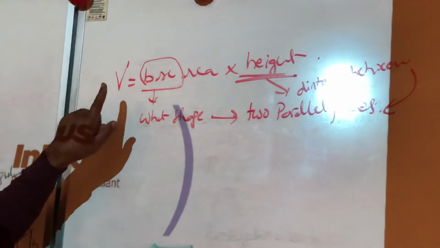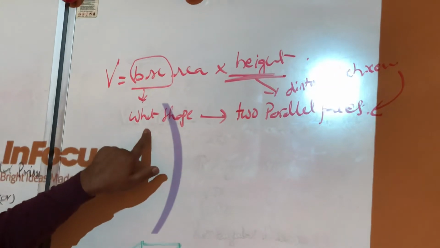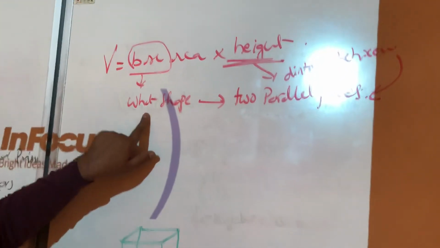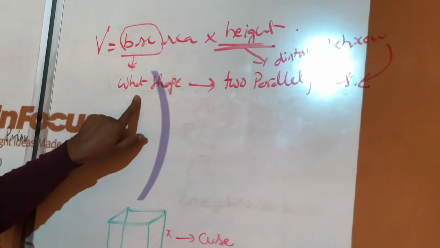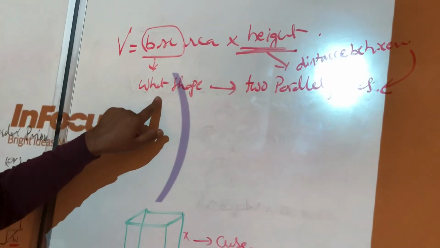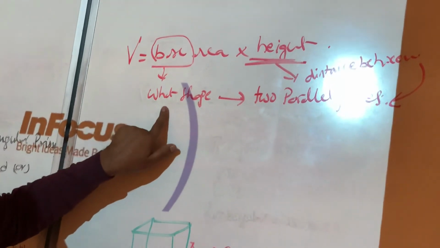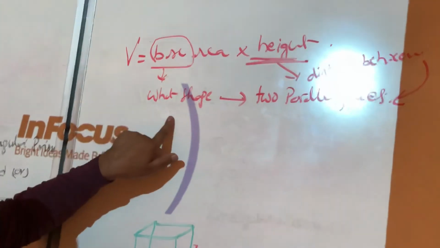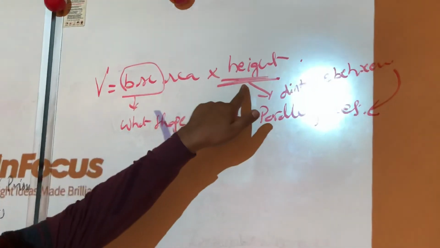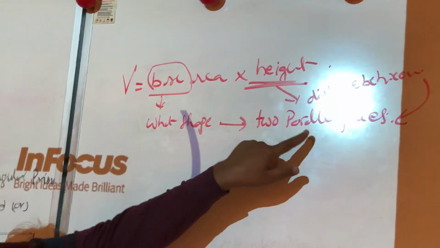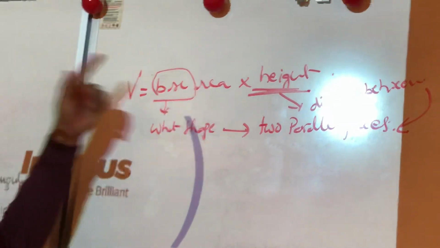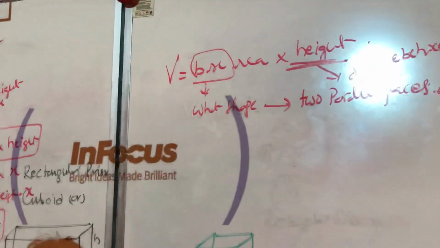So identify what shape the base is: sometimes it may be a rectangle, sometimes a triangle, it may be a square. Based on that, you decide the area, then go with the height, which is the distance between the two parallel faces, multiply both, and you get the volume of the shape. I hope it got cleared.